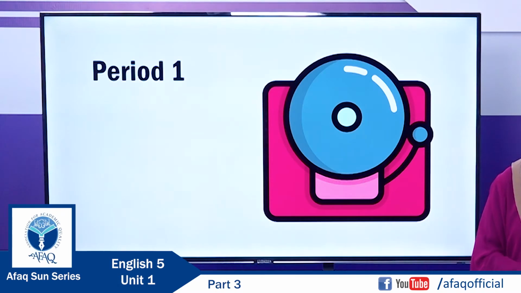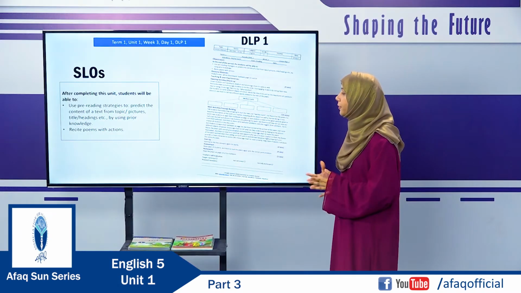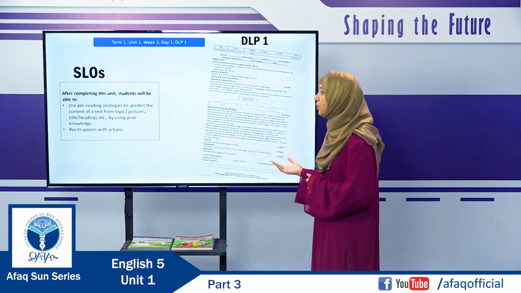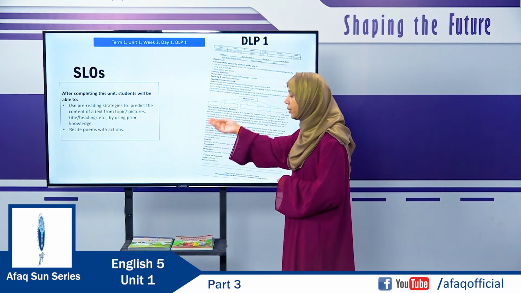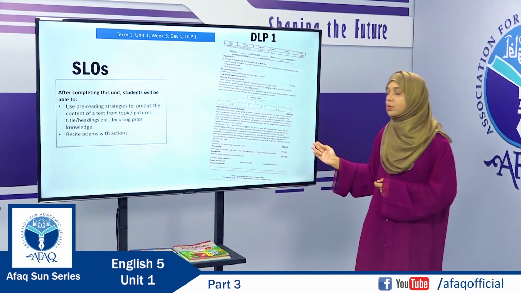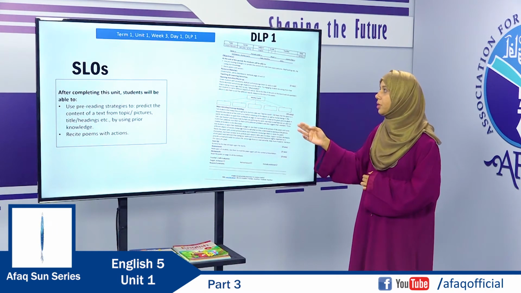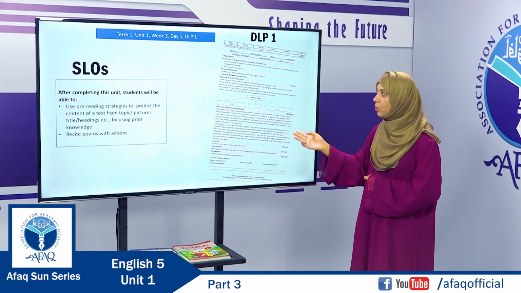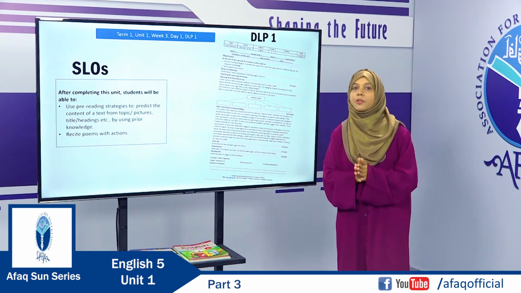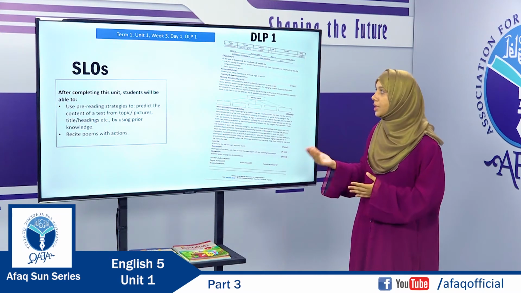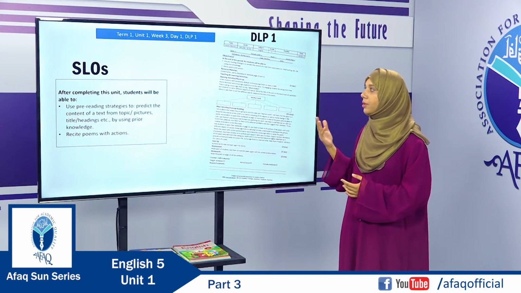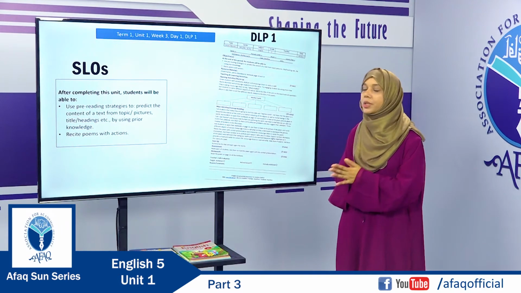Let's start the first period of this week. In the first period of week 3, the students will be able to cover these 2 SLOs, and AFAQ has provided complete methodology to cover these SLOs in DLP 1, which will be covered on the first day of the suggested timetable on week 3 of the Unit 1 Term 1.